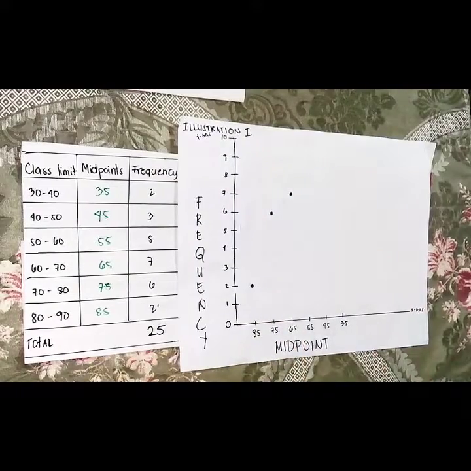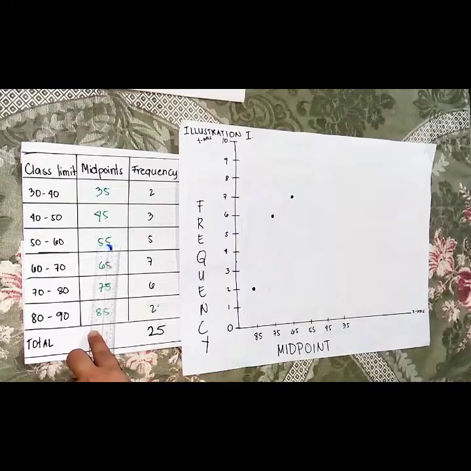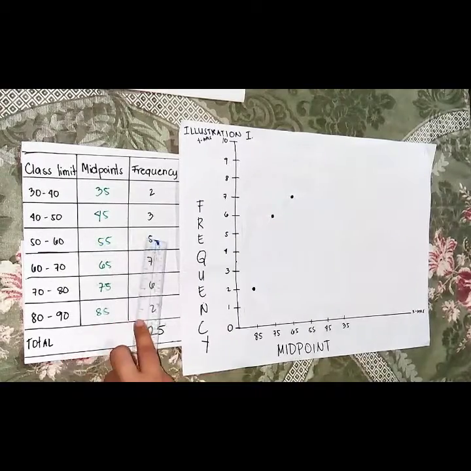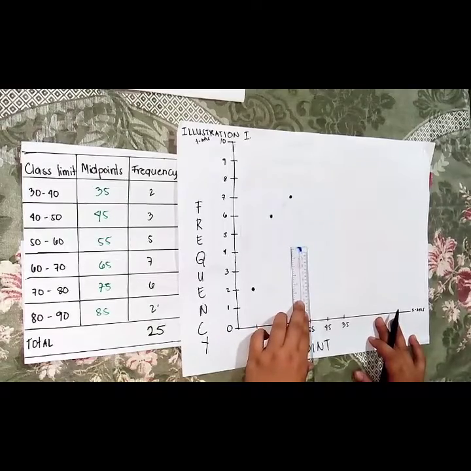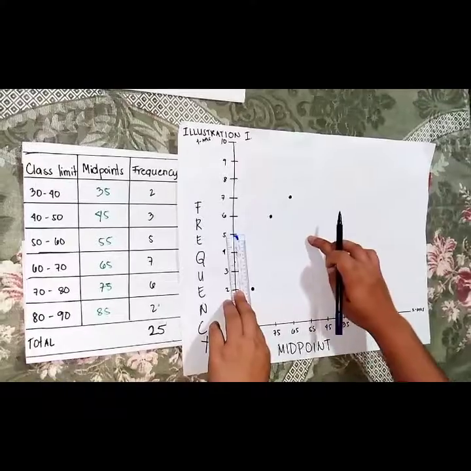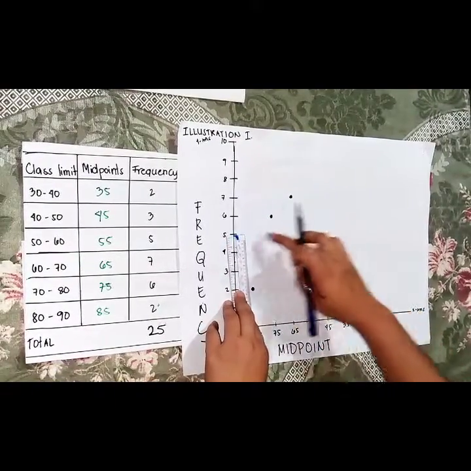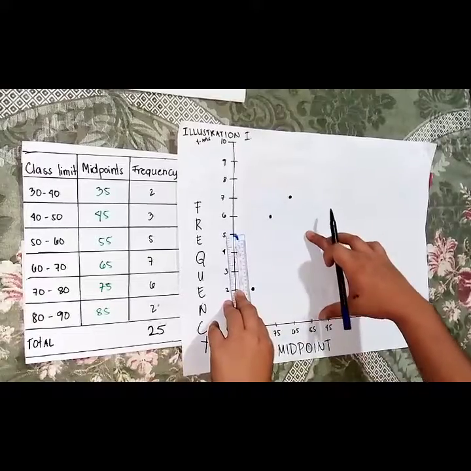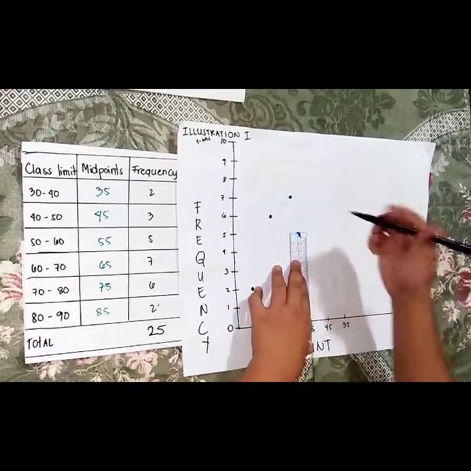And next, we have a midpoint x-axis of 55 with a frequency of 5. So we are going to point the shade. This is the 55, and this is the 5, which is our frequency, and this is our midpoint 55. So we are going to shade here.